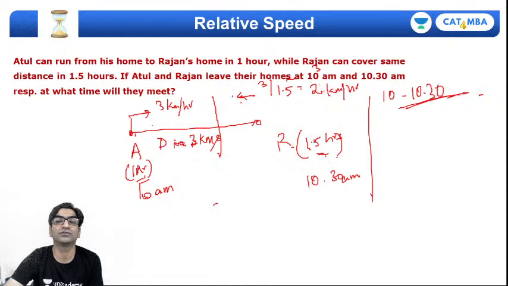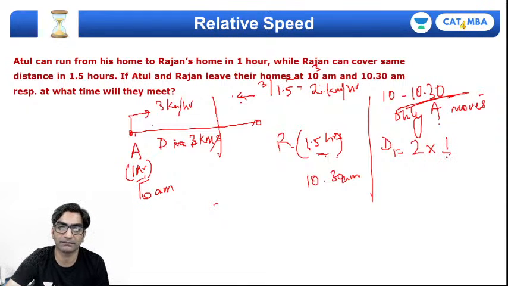Only Atul moves. So distance done by Atul will be his speed, which is 3 kilometers per hour, into time taken. That's half an hour.